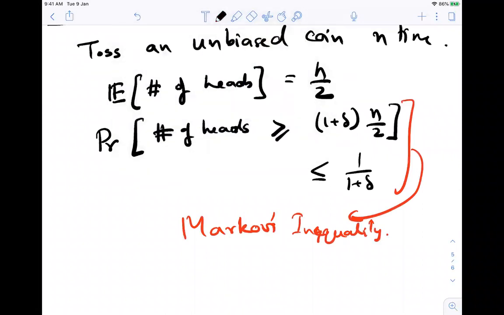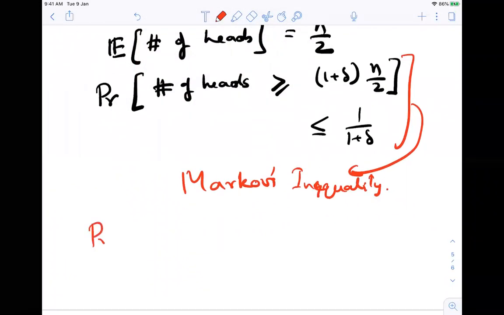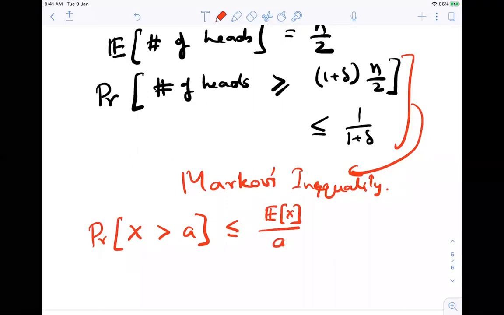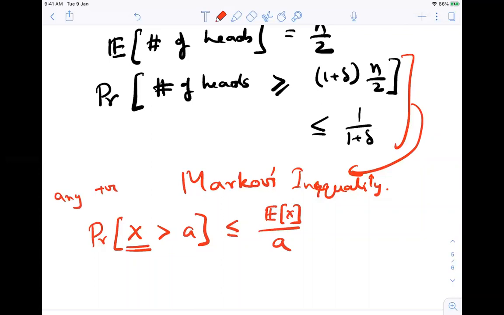It says that for any positive random variable x, the probability that x is bigger than any number a is less than the expected value of x divided by a.